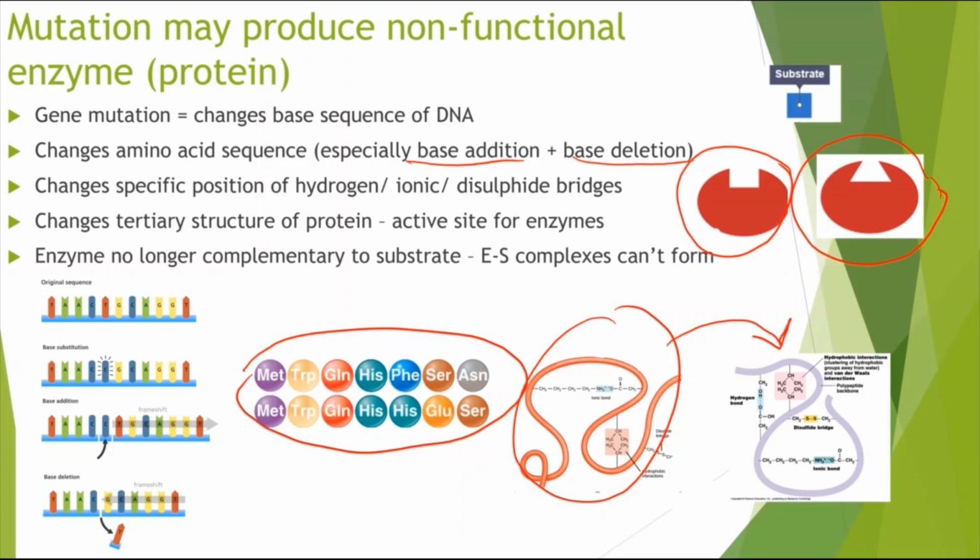If this was our substrate, meant to fit the original enzyme, it would fit, but now because we have a mutation, this can no longer fit into the mutated enzyme, and we cannot form an ES complex, and the protein is therefore no longer functional. And this is how a mutation may produce non-functional enzymes or proteins.